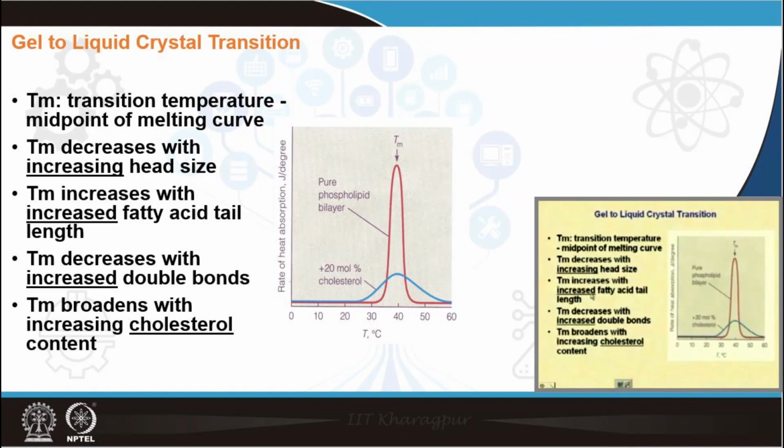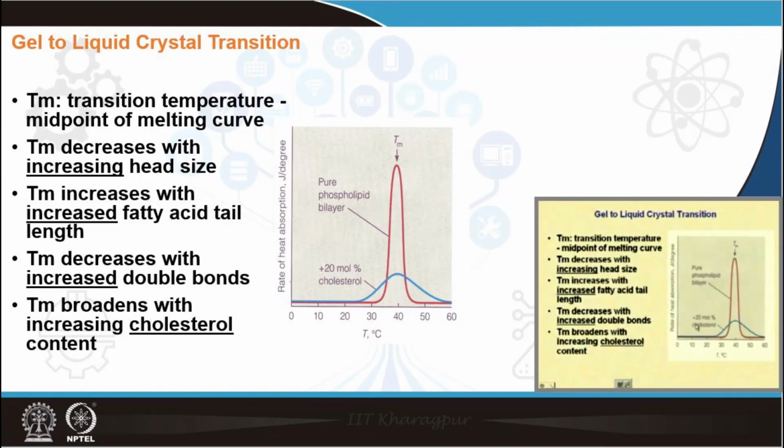If we have long fatty acid chains, then it is going to be harder to disrupt the fatty acid chain packing. We will have a higher Tm. If we have increased double bonds, we have increased number of kinks, increased disruption, Tm is going to decrease.